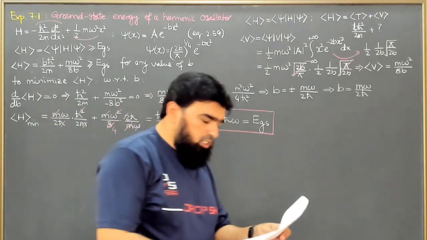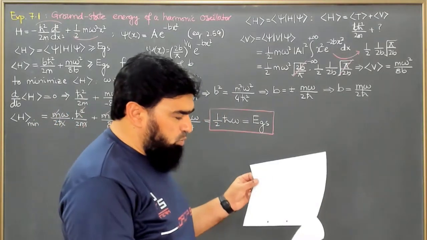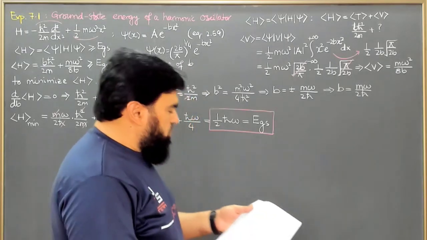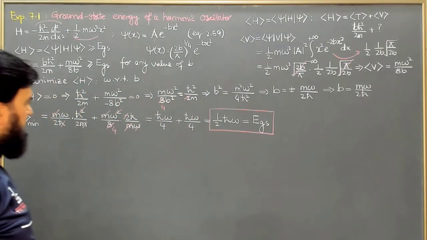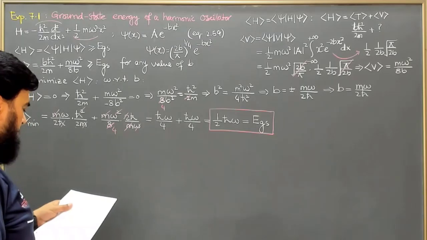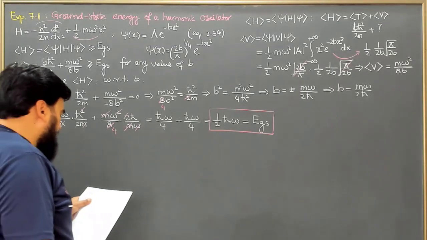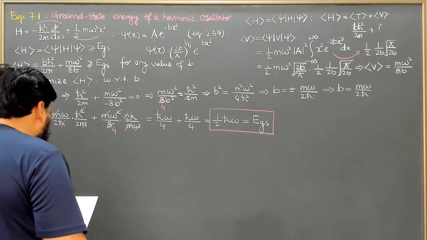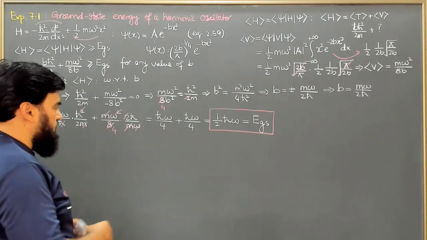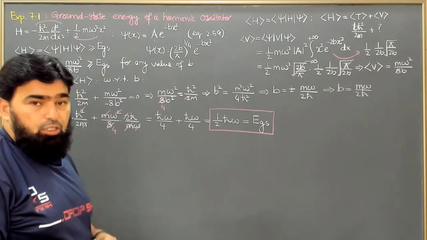With this, the example concludes, and we will then solve the next example on applying the variational principle to find the ground state energy of a delta function potential.